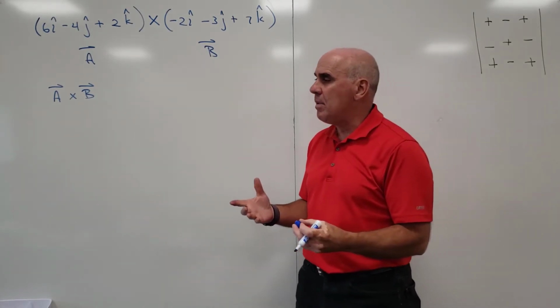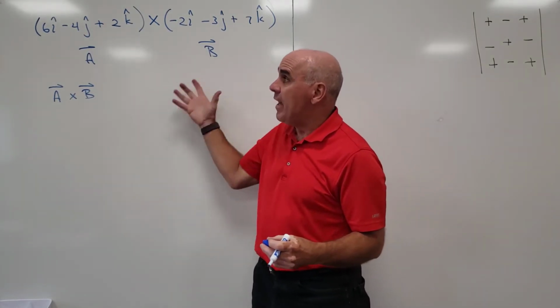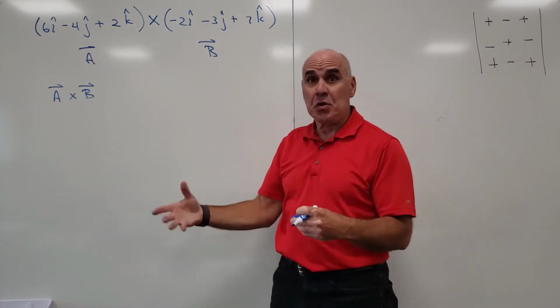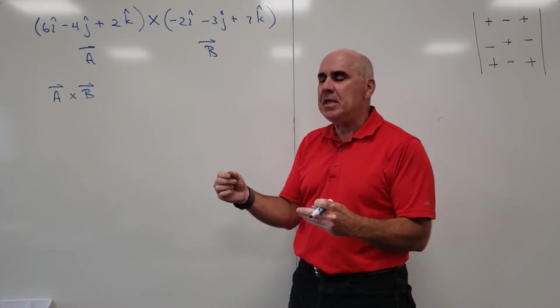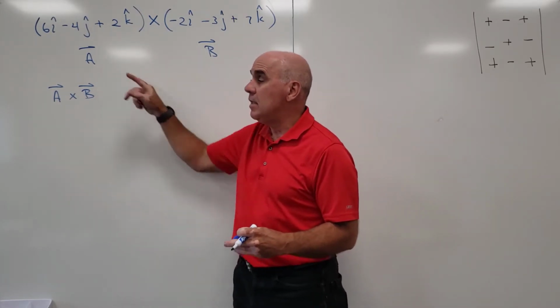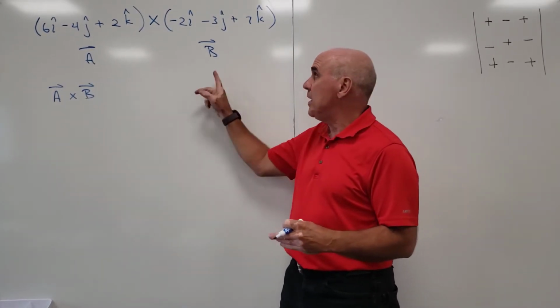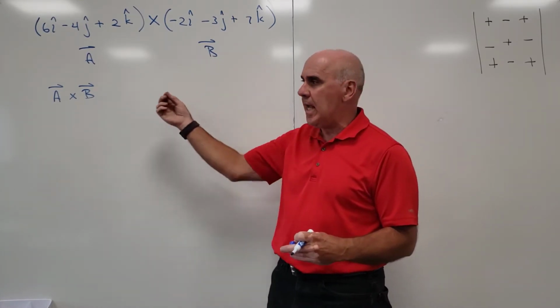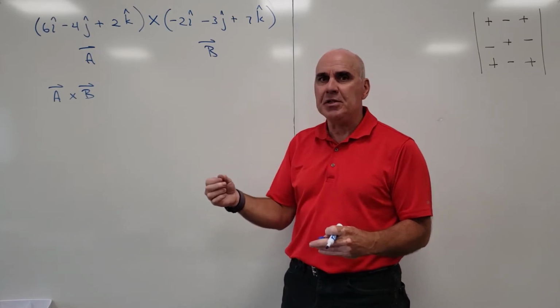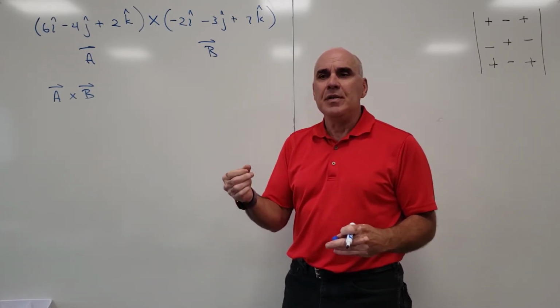What's really cool about these three vectors, A, B, and the cross product of A and B, is that the cross product is perpendicular to A and it's perpendicular to B. It's mutually perpendicular to the two vectors that created it.